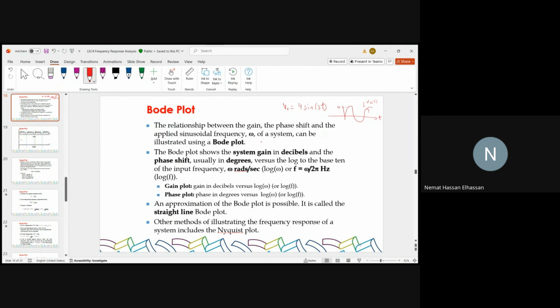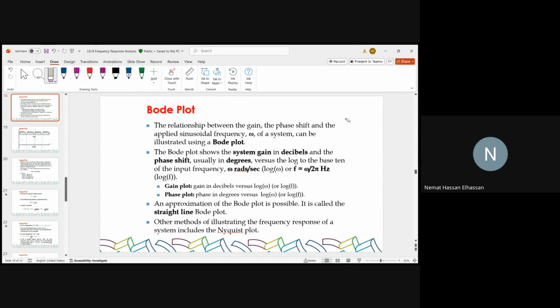Similarly, we can say that H of j omega is equal to something, or we can plot gain versus frequency, or theta versus frequency. So we can express it either as a mathematical expression, a formula, or as a graphical representation. The graphical representation will have the x-axis representing frequencies.